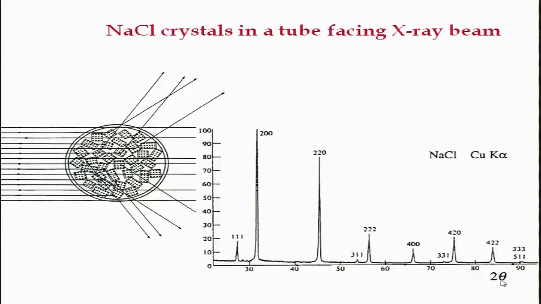This is 2 theta, and you have these peaks. You can see that they all go in the order of increasing h square plus k square plus l square. We will see now how you distinguish between, for example, a BCC, FCC or simple cubic material using the information that you get.